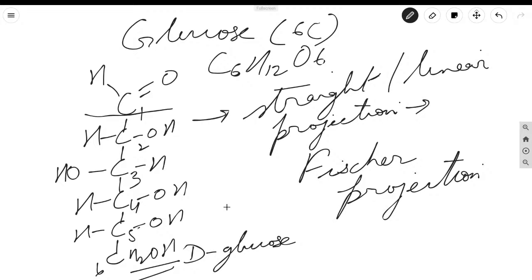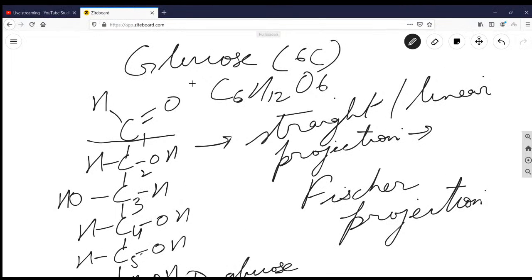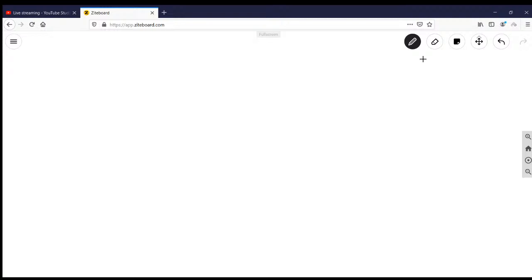So if we talk about epimers, epimers are very easy to comprehend. I'll just draw some molecules. Let's first talk about epimers, and then later on we'll be talking about anomers. So let's talk about glucose and galactose.